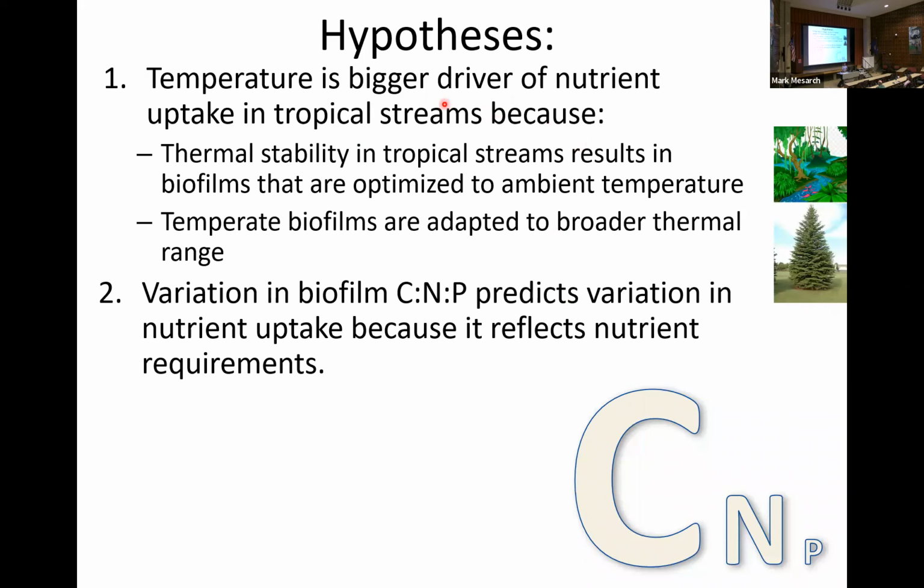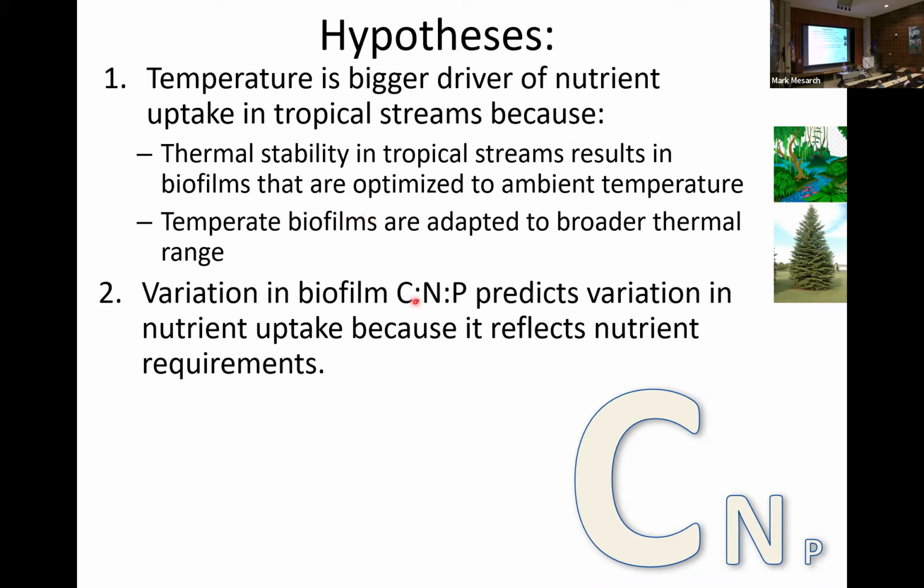So my first hypothesis for this project was that temperature is a bigger driver of nutrient uptake in tropical streams because thermal stability in tropical streams results in biofilms that are optimized to ambient temperature. And because temperate biofilms are adapted to broader thermal range because they rarely experience their optimal temperature, they're better able to maintain consistent uptake regardless of temperature.